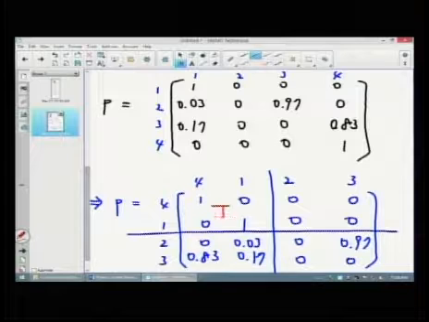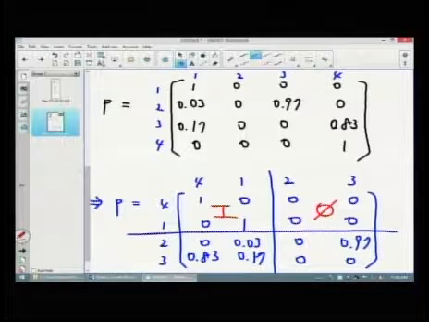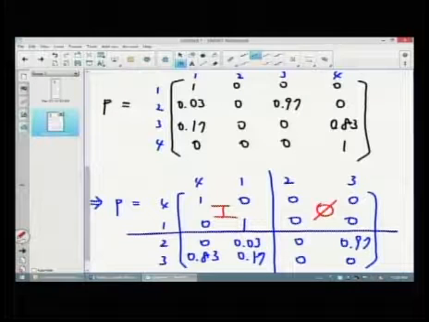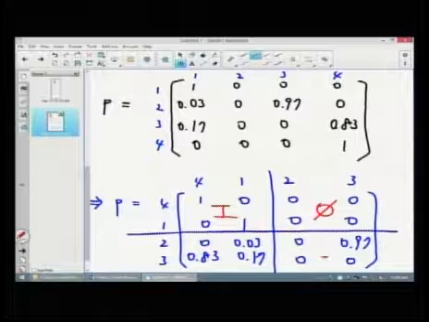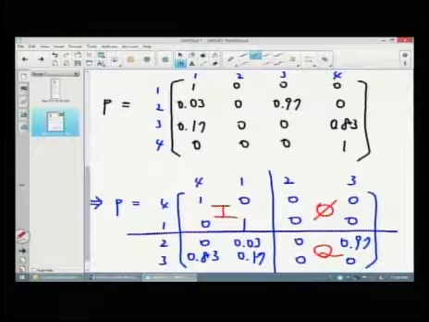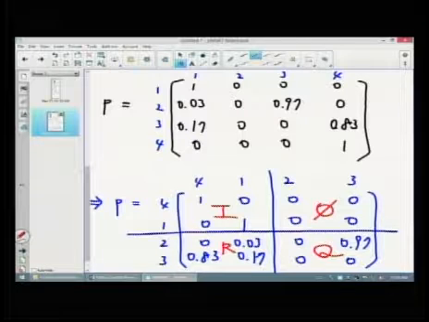Now we have the identity matrix and the 0 matrix. Where do you have the Q matrix then? Below the 0 here, we have the Q matrix, right? And then this becomes the R matrix. Is that right?